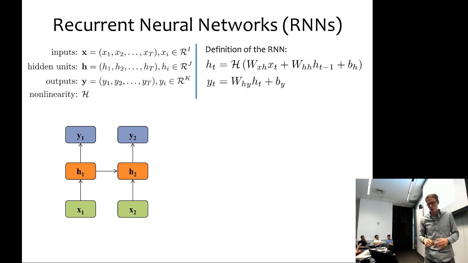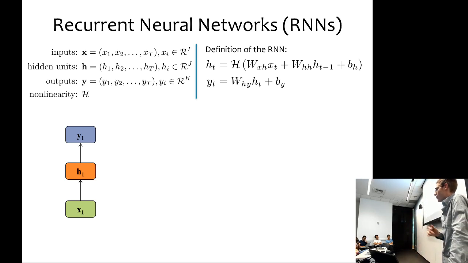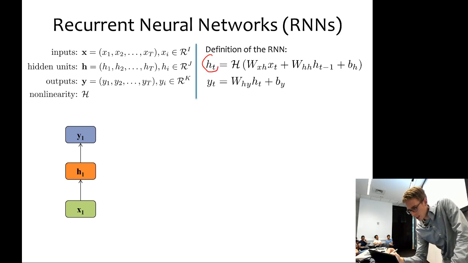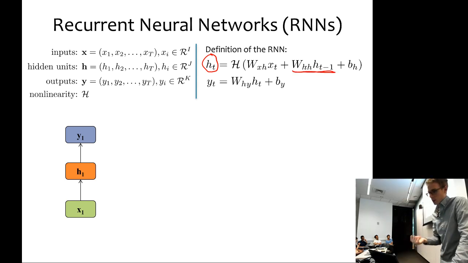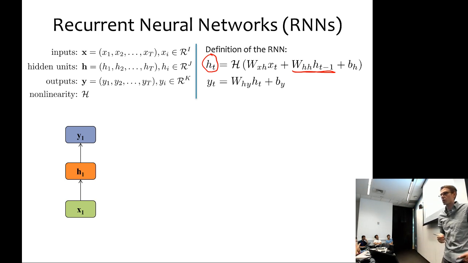Okay? So the first time step is going to be exactly like that feed-forward neural net that we were just looking at. And you can see here, in that first time step, h_{t-1} won't even exist. So it's really just going to be some weights times the input x vector plus a bias, and then y_t is just that hidden state times a weight matrix plus a bias.